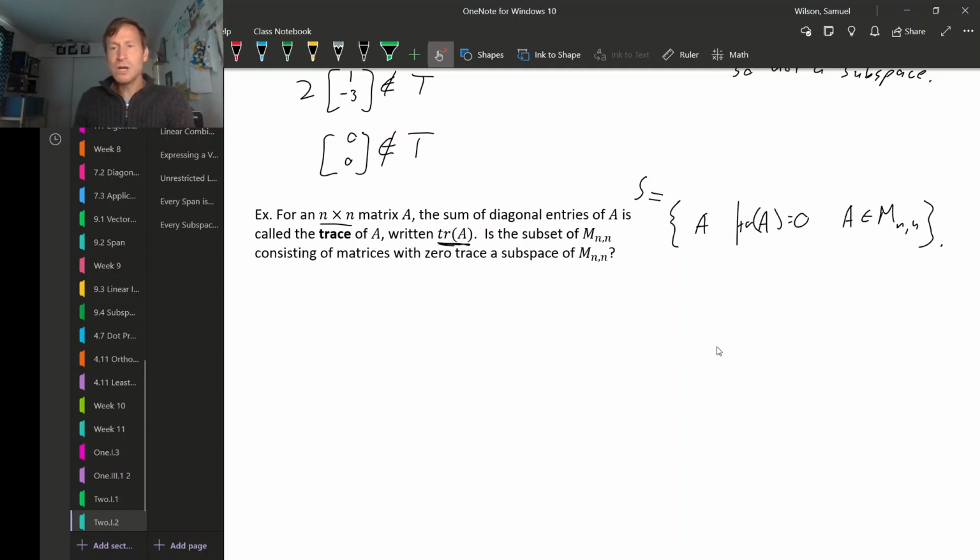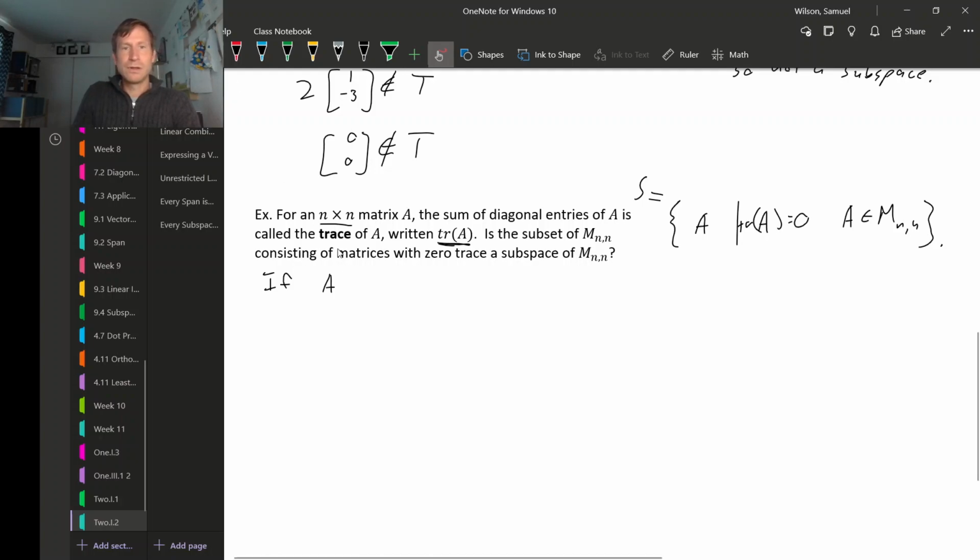Okay, so let's check if this is closed under vector addition and scalar multiplication. We have to take two matrices in this set, in S. Let me write it this way.